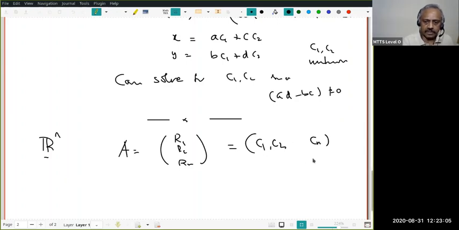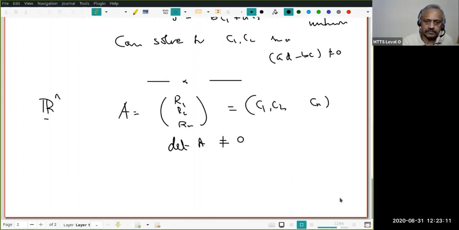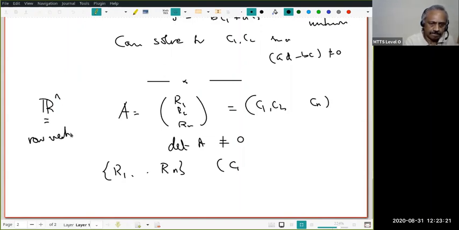Assume the determinant of A is non-zero. Then R1 to Rn, if you think of them as row vectors, and C1 transpose to Cn transpose, because these are all column vectors and when I take transpose, it becomes a row. These collections are bases of Rn.